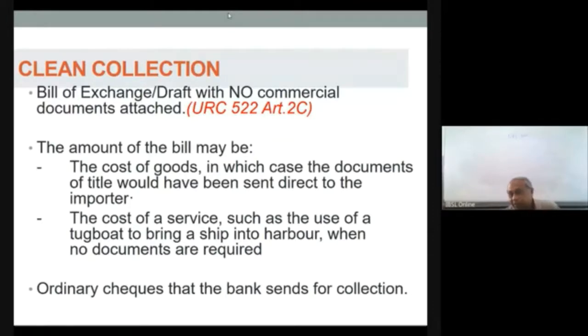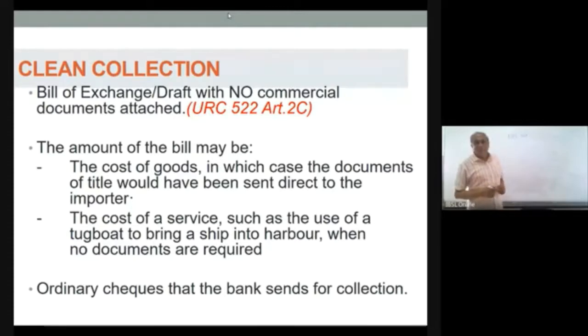Ordinary checks that banks send for collection also come under this clean collection. Even for an ordinary check, we know, if you have one of your uncles in the USA, right?